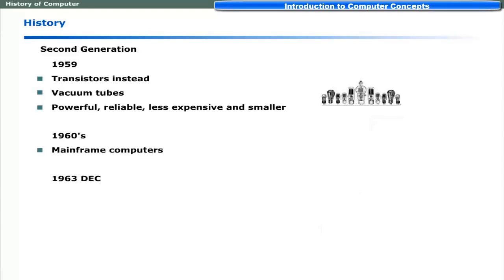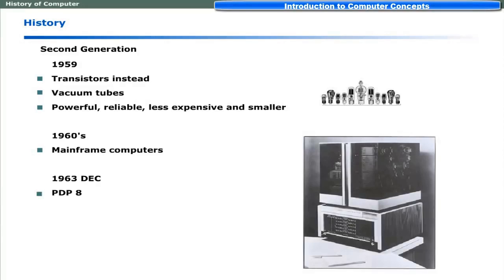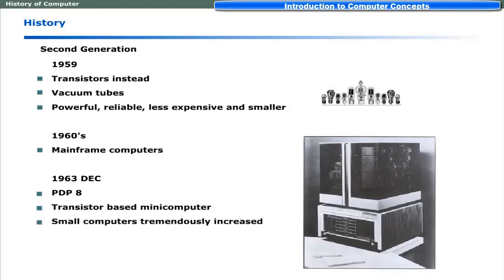In 1963, DEC introduced the PDP-8. It was a transistor-based mini-computer. The demand for small computers tremendously increased for business and scientific applications, and by 1970, a number of firms were manufacturing computers.